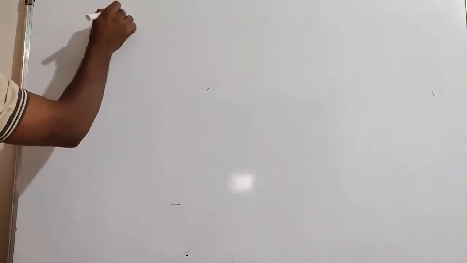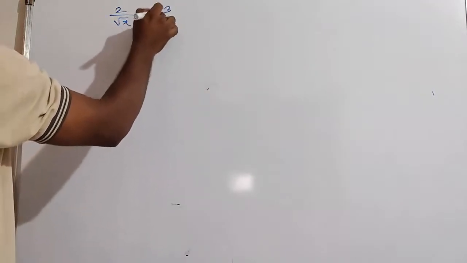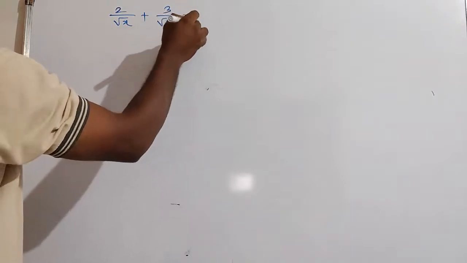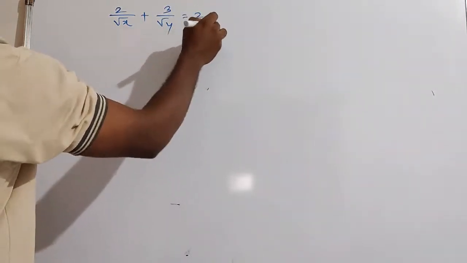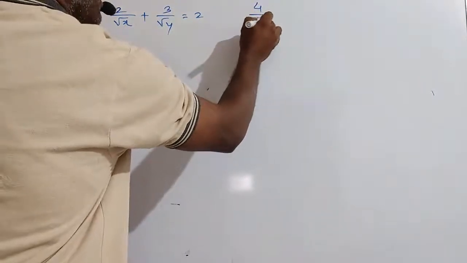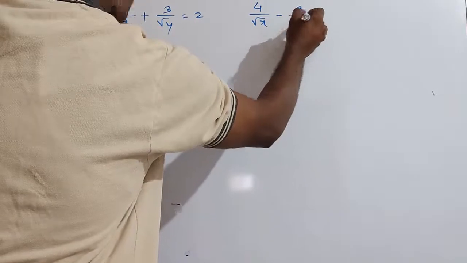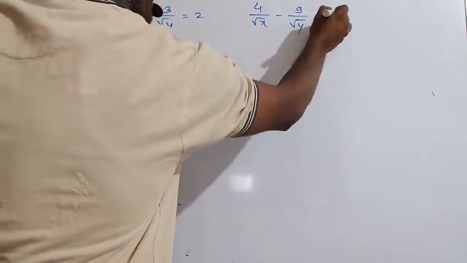Okay, move to the next, that is 2 by root x plus 3 by root y is equal to 2, and 4 by root x minus 9 by root y is equal to minus 1.